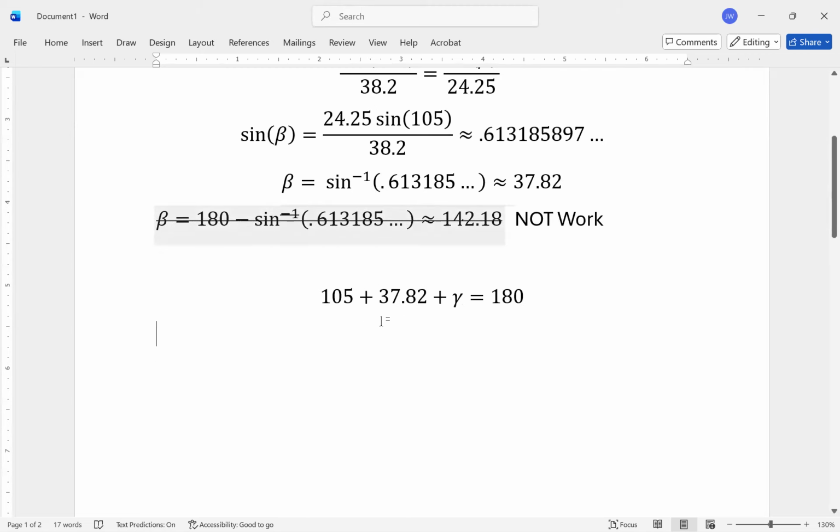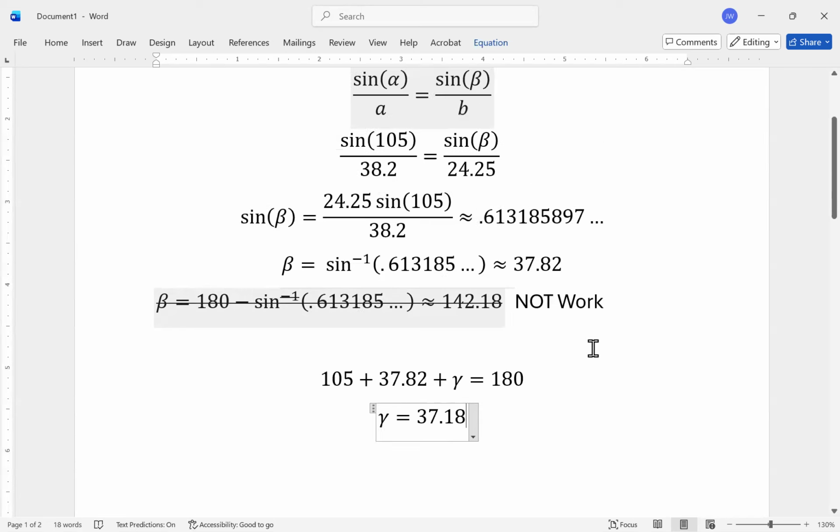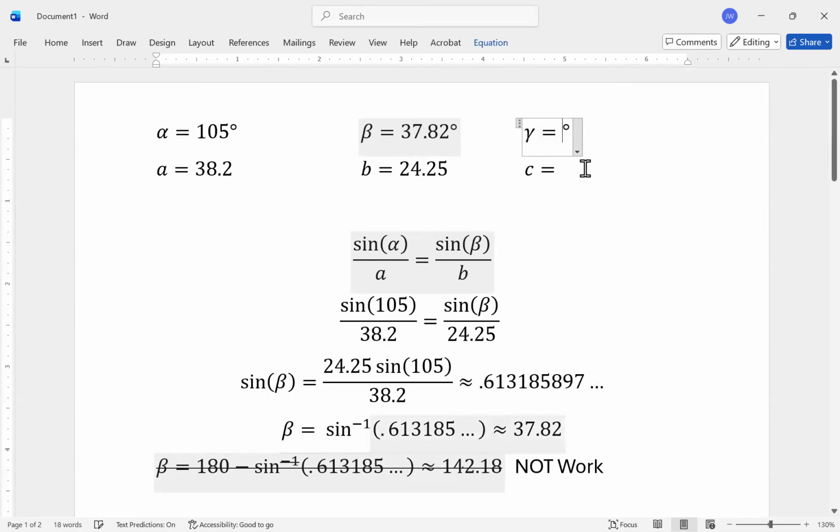When I subtract 105 from both sides and then subtract 37.82 from both sides, I get a value for gamma of 37.18. That's pretty close to what beta is. So 37.18 degrees for gamma.